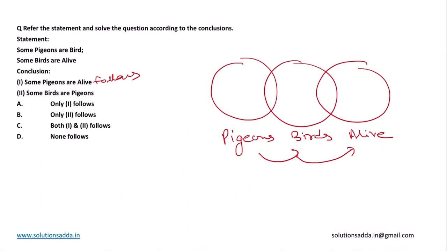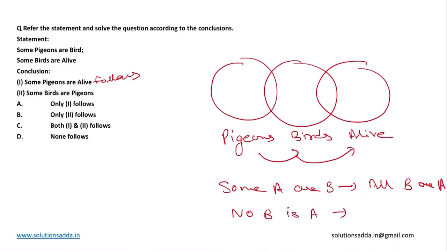It is like when we convert one statement into another form. If some A are B is given to us, it also implies that some B are A. Similarly, no B is A implies no A is B.